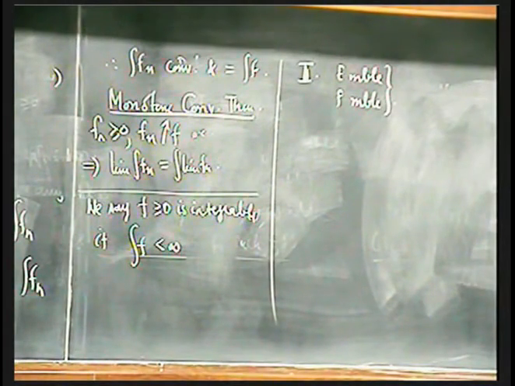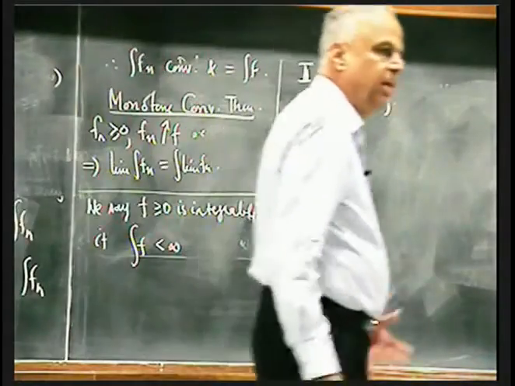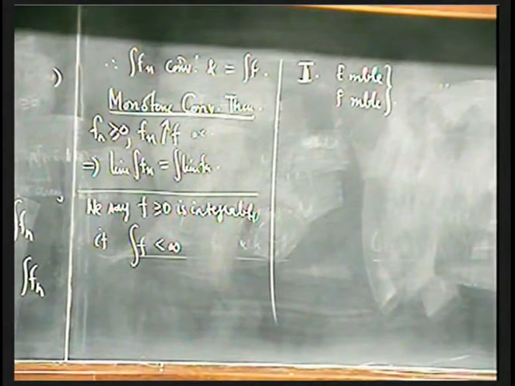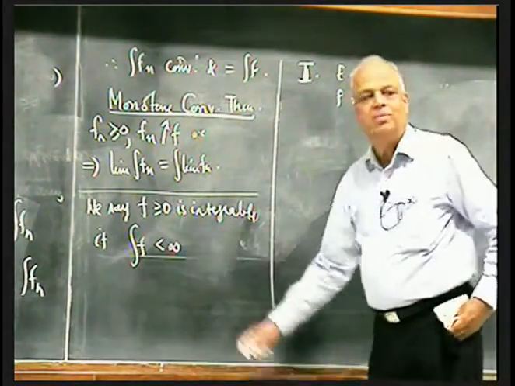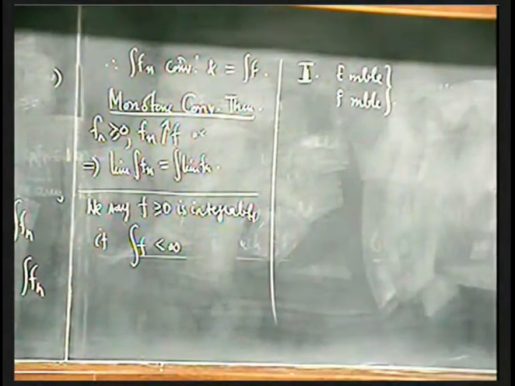That integral of F could be infinite, because we never know, the measure could be infinity. It may be a constant function, one at all the points, so the integral could be infinity. So we say integrable if the integral of F is finite. We are interested only in such functions.